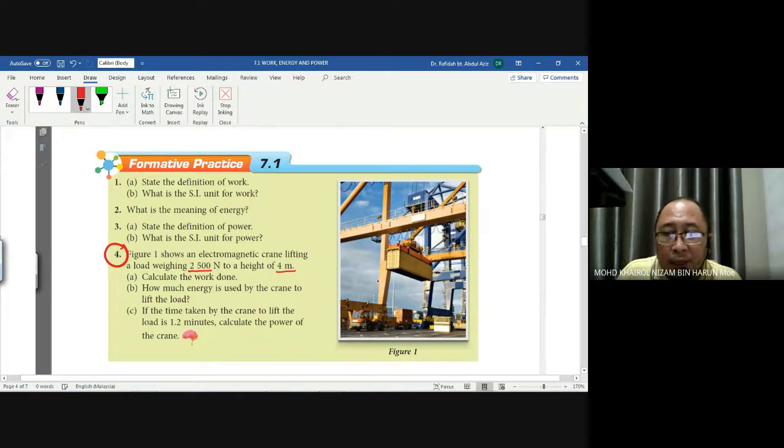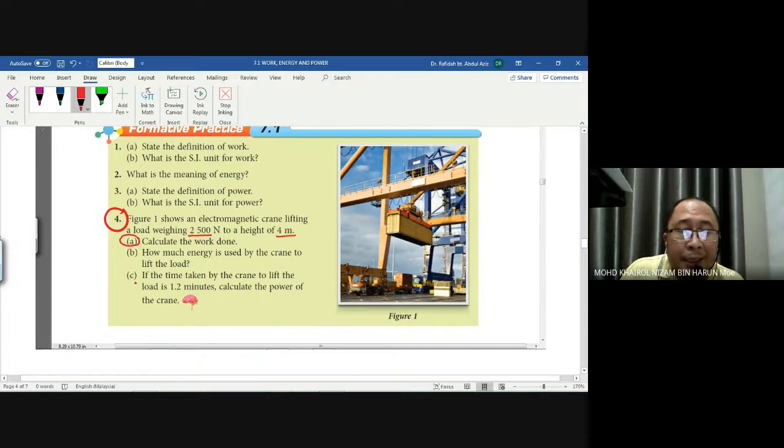So you can see from here, the crane lifting a load weighing 2,500 Newton. So question A, calculate the work done by this crane.